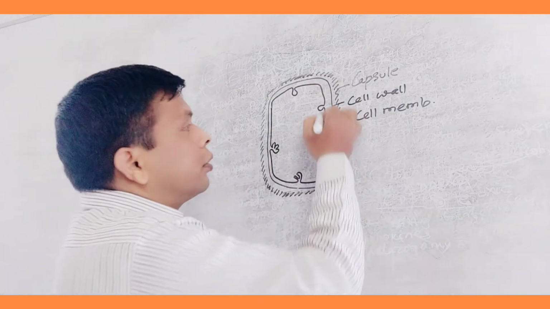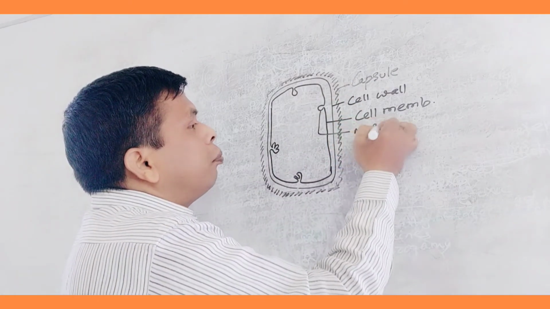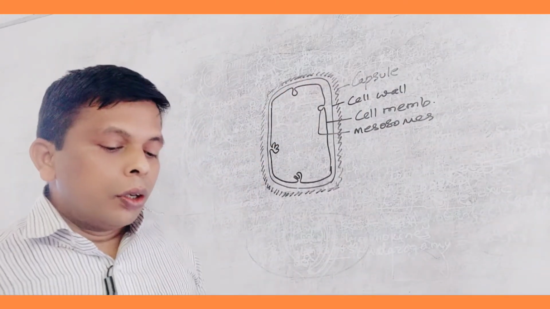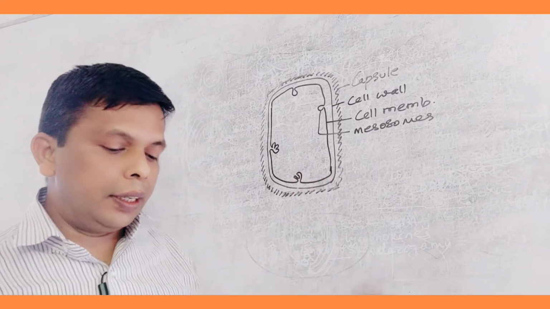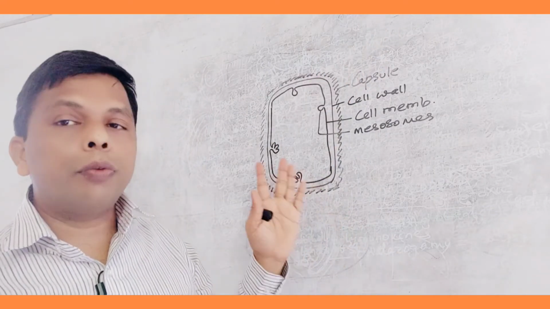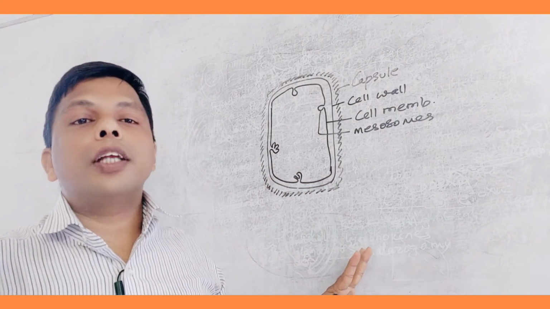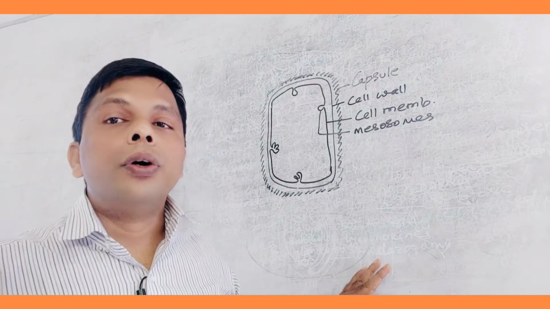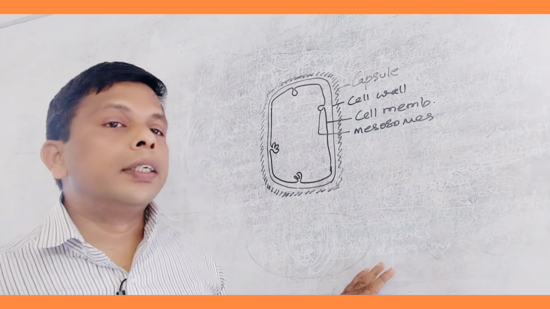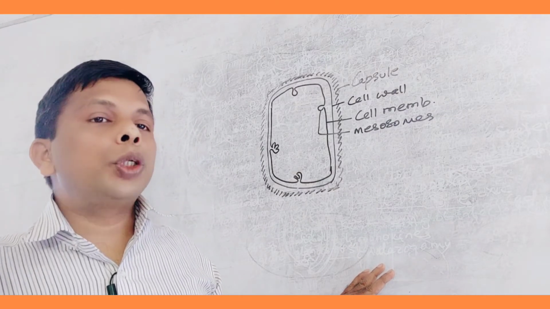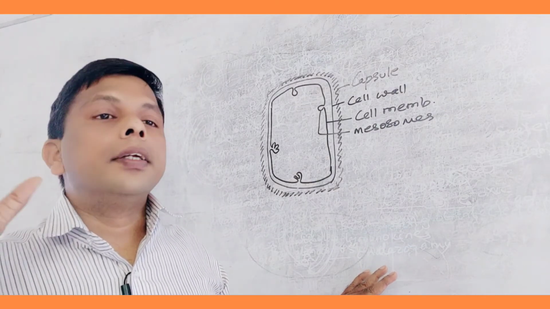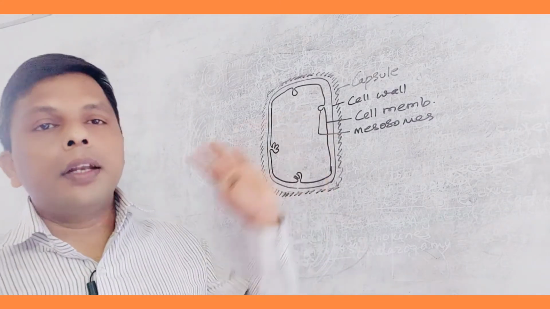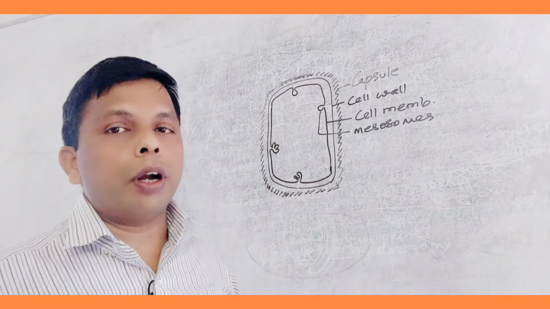These foldings are nothing but mesosomes. The mesosomes are associated with holding of the genetic material. They are the site of DNA replication. They are also associated with carrying respiratory enzymes. All types of respiratory inclusions are found in it.